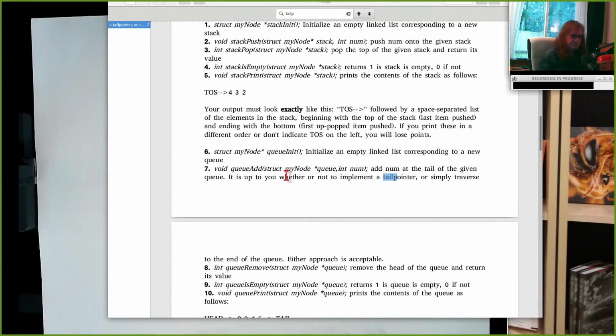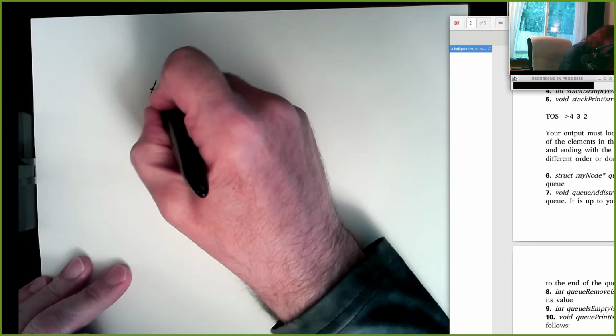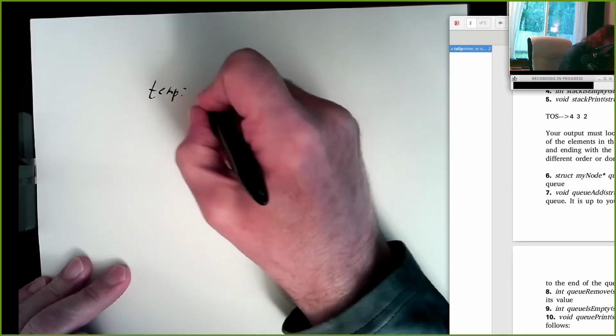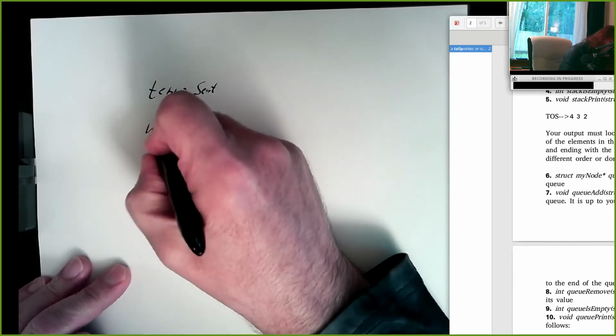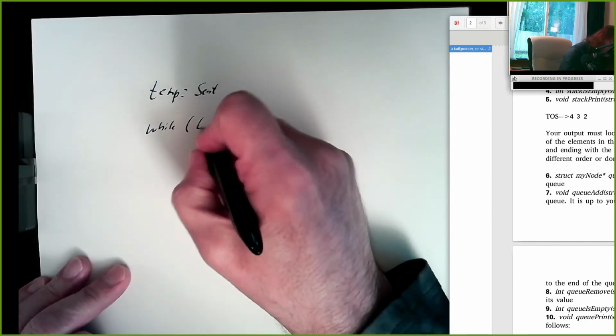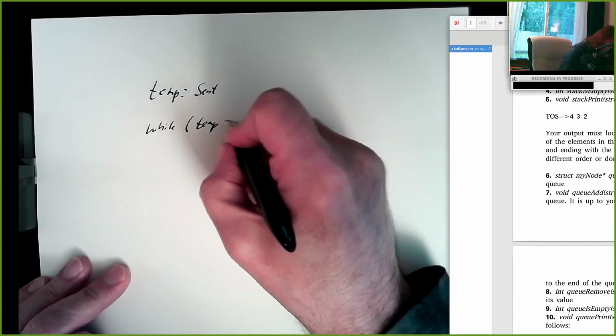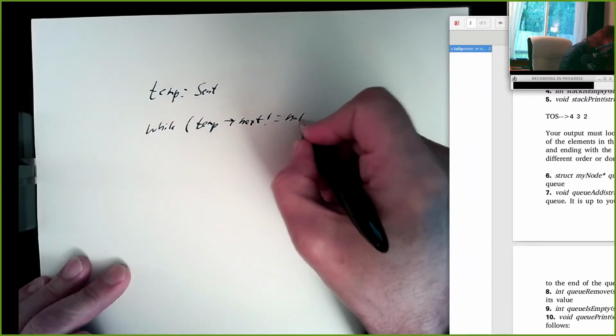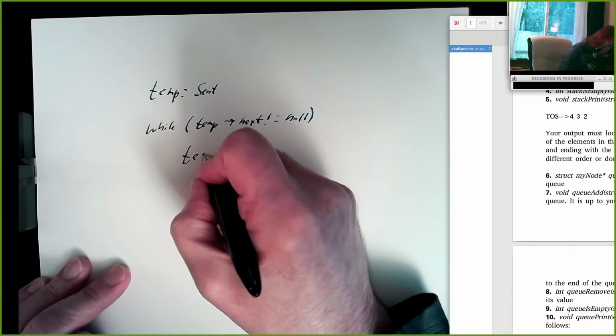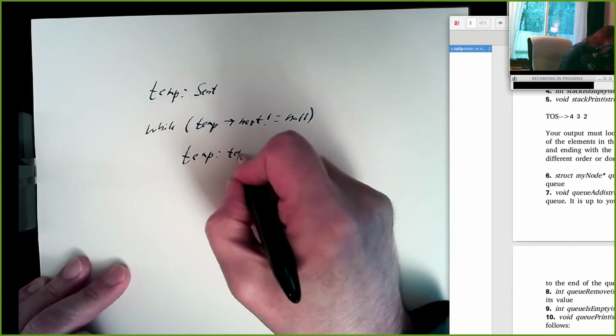So you can do something like this: temp equals sentinel; while temp next is not null, temp equals temp next.